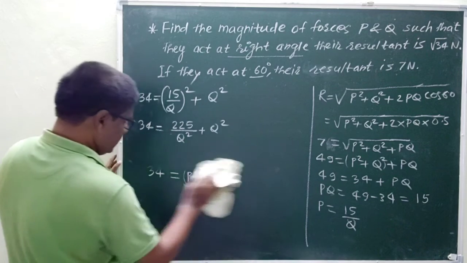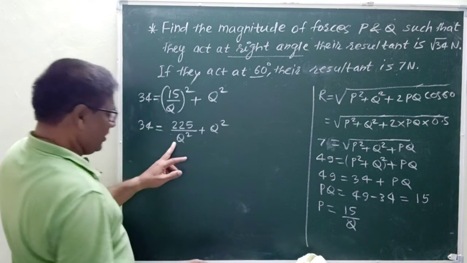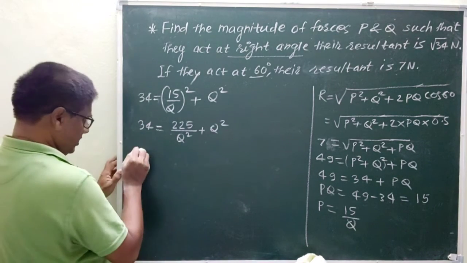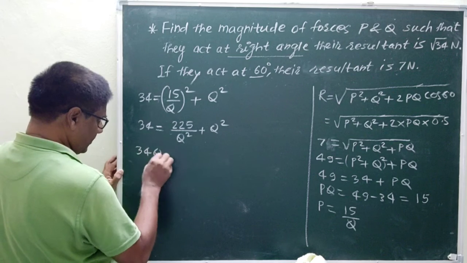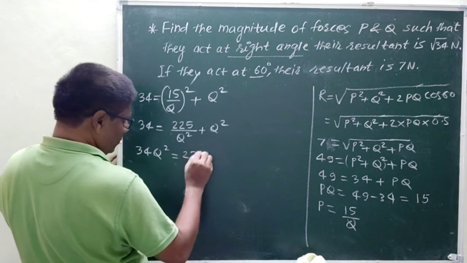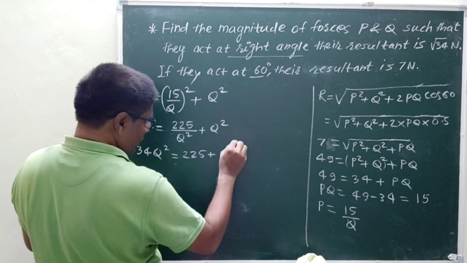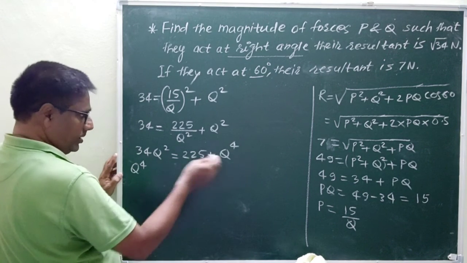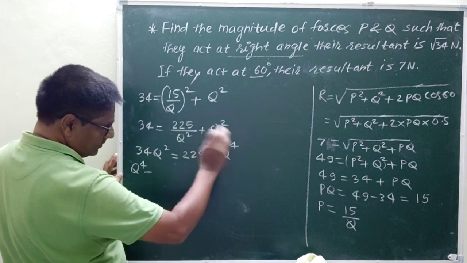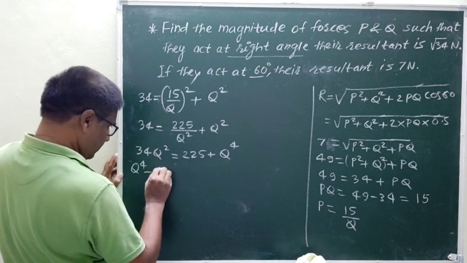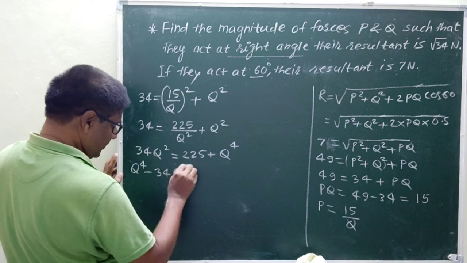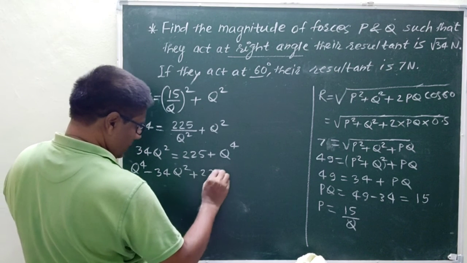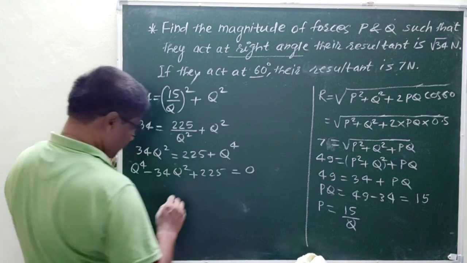Now let us multiply by Q square throughout the equation. 34Q square is equal to 225 plus Q raised to 4. Therefore Q raised to 4 minus, we take this term to the right side, minus 34Q square plus 225 is equal to 0.